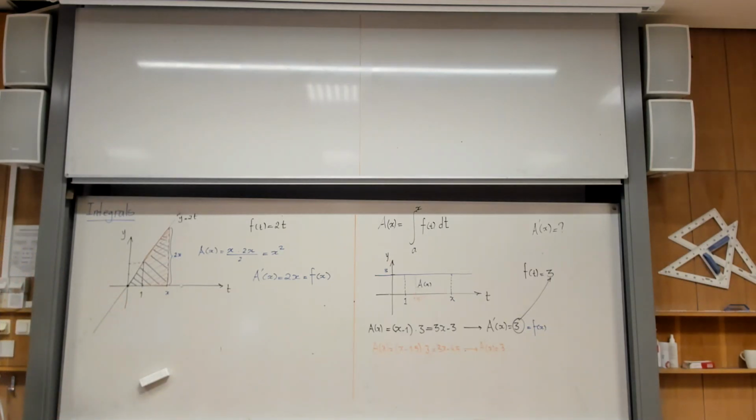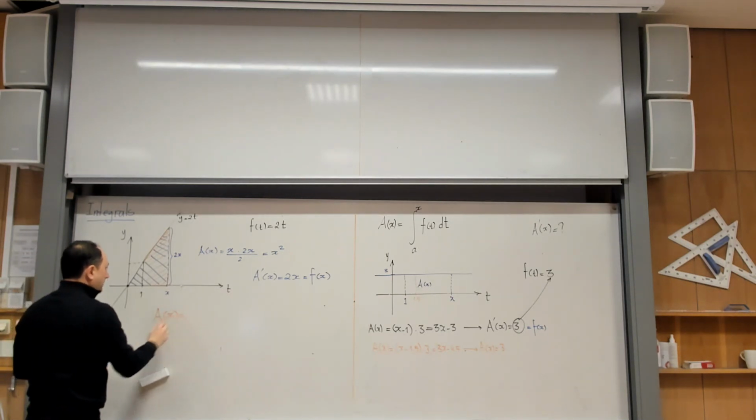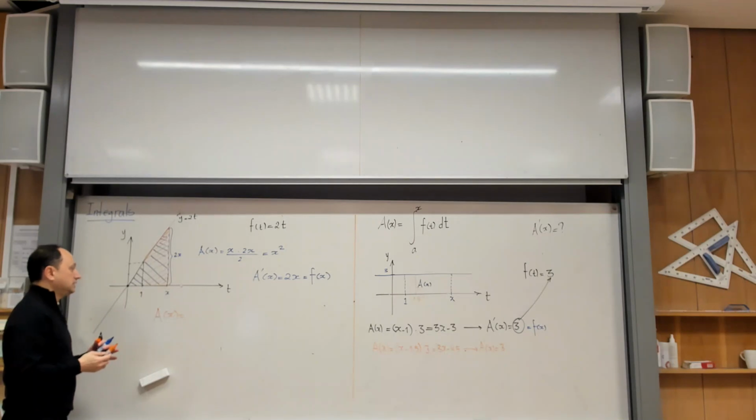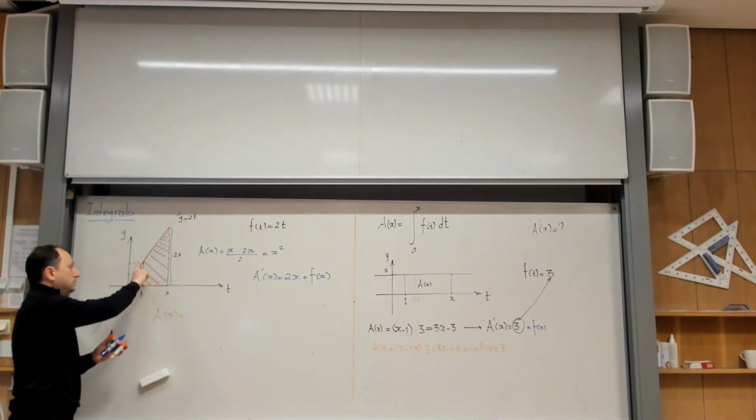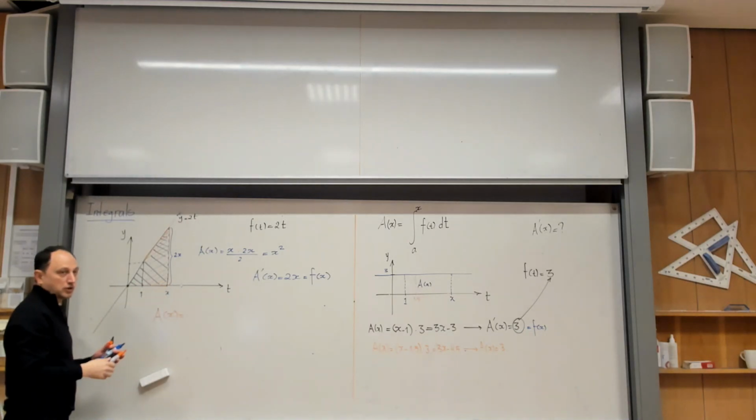We want to find the area of this trapezoid, so let me write with the orange color. So this time A of x is equal to, I don't know if you see the formula sheet, the area of a trapezoid is the sum of these two lengths multiplied by the height and divided by 2. I will use that one.